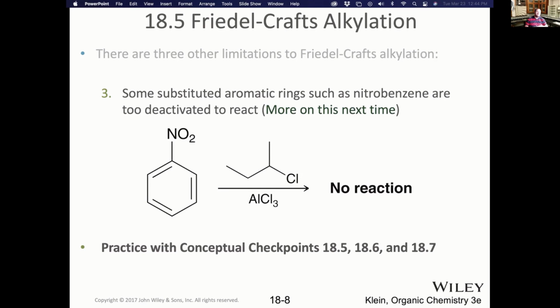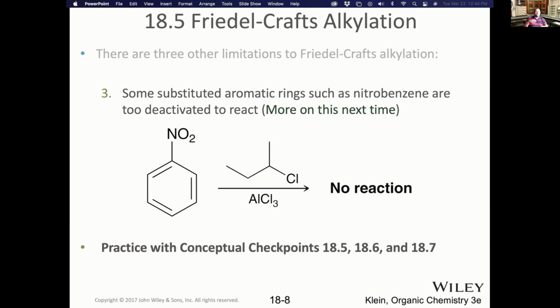And this is just a fundamental fact that's going to be tested over and over again about Friedel-Crafts, true for both alkylation and acylation: Friedel-Crafts reactions cannot occur on a benzene ring that's deactivated.